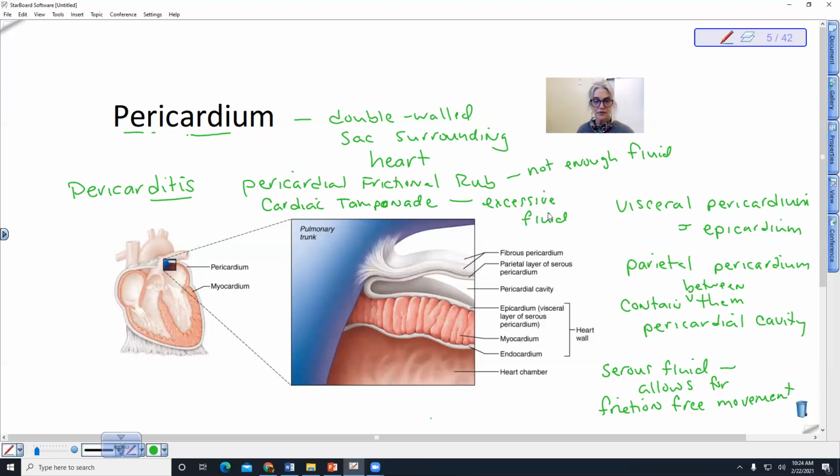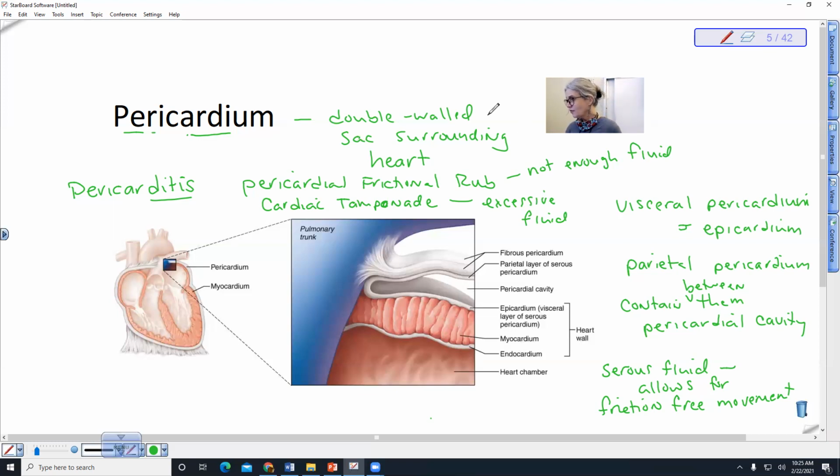The one with the excessive fluid means that your heart gets compressed. And so it's very hard for it to beat because it's got that pericardial fluid pressure on it. And so oftentimes what they'll do with that one is that they will just remove some of that pericardial fluid with a syringe in order to decrease the pressure being exerted on the heart.